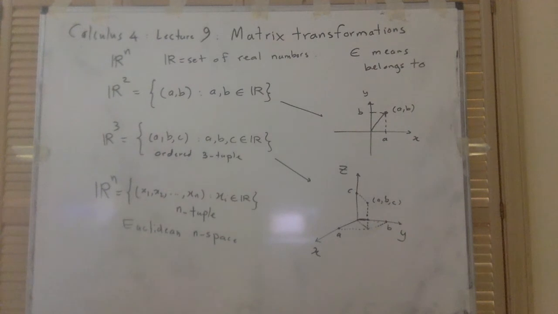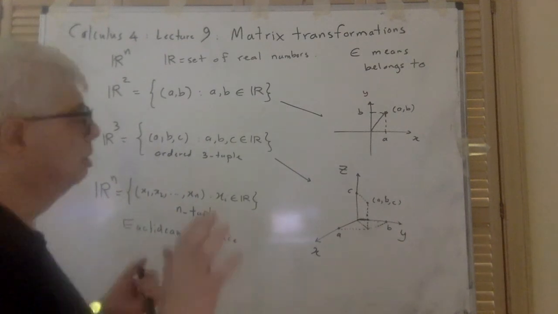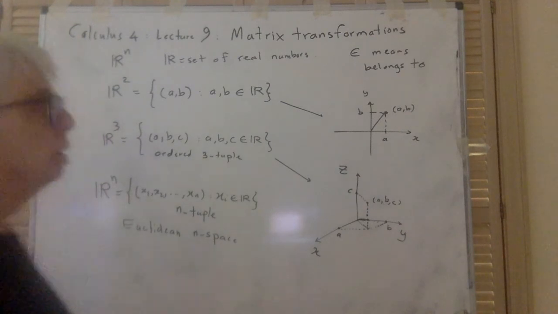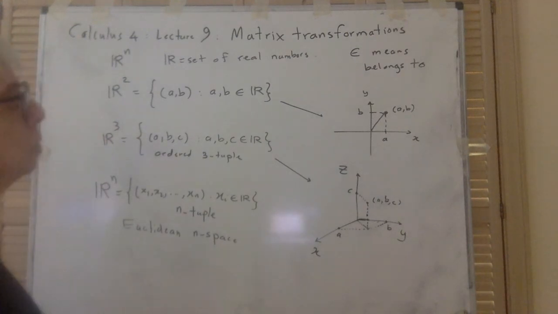Now, what do you know? You might have seen vectors in physics, maybe, or in Calc 3, and usually vectors are represented as an arrow. That's because in physics they are used to model things which come with both magnitude and direction, like force, for example.